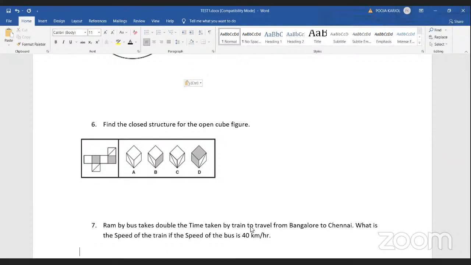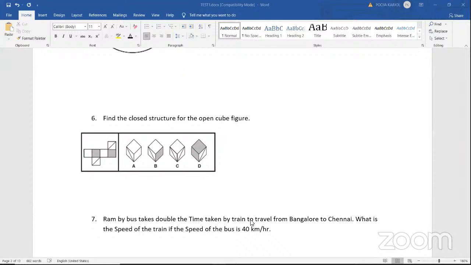Anybody who didn't get it? Of course, we haven't done speed, time, and distance.